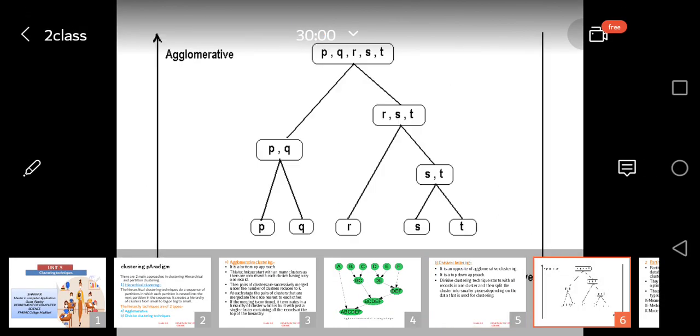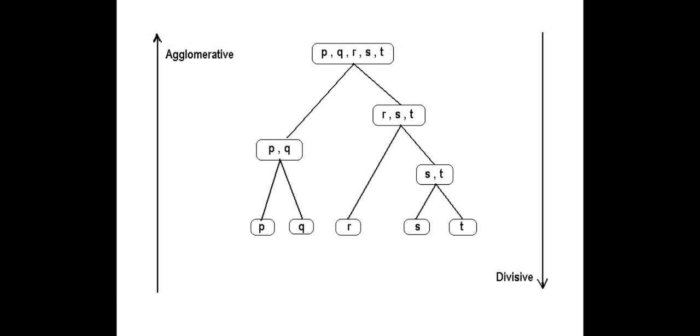You can see one diagram here. You can see that pqrst is one single object, then it is further divided into sub objects, that is pq and rst, where pq is further divided into the single elements p and q. Then from rst you can see r is divided, then st is further subdivided into single form, that is s and t. So this is about divisive clustering.